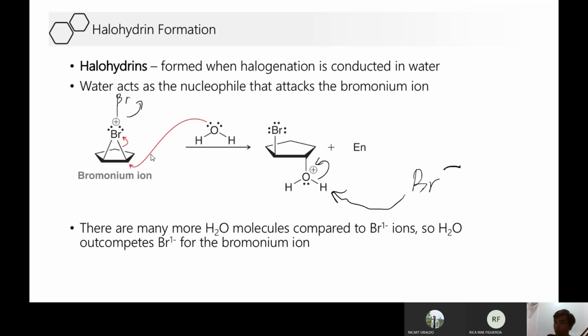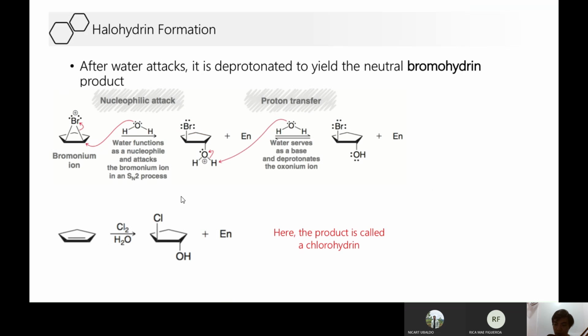Minsan may tinatawag talagang bromine water, yun ay bromine liquid na nasa tubig. So if ganun yung case, halohydrin yung formation. Halo meaning halide, hydrin, water, OH na. Okay, so ganun lang.